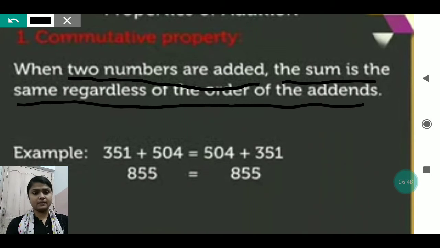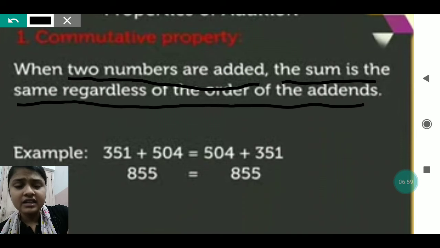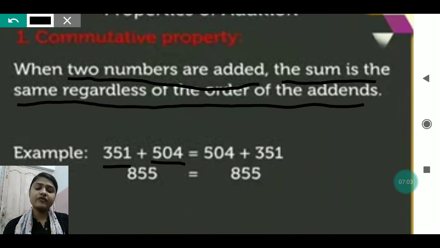What does it mean? It means that when you are adding two numbers in any order, the sum is not going to change. Like when I am adding 351 with 504, we are getting 855.